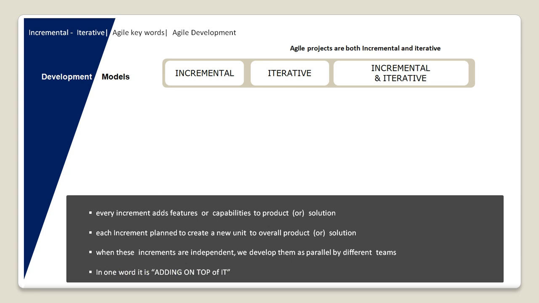An important note here: not every increment is made with the intention of delivering the product or solution fully ready to use. When the increment developments are independent, we can develop them in parallel by different groups of teams.